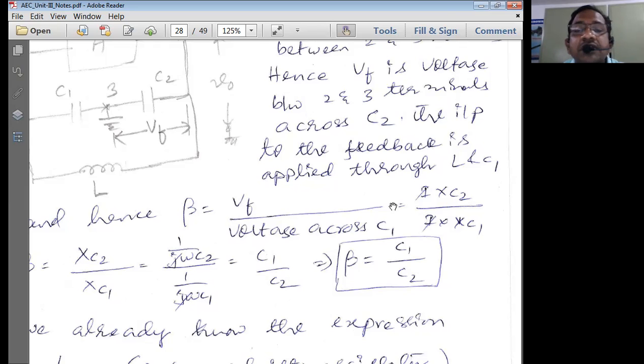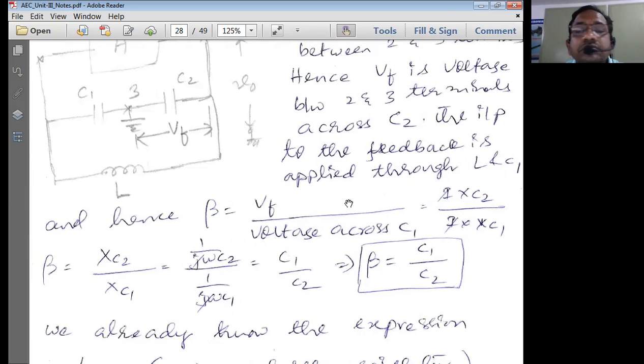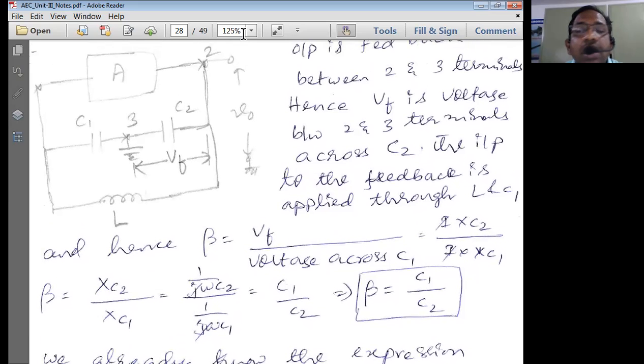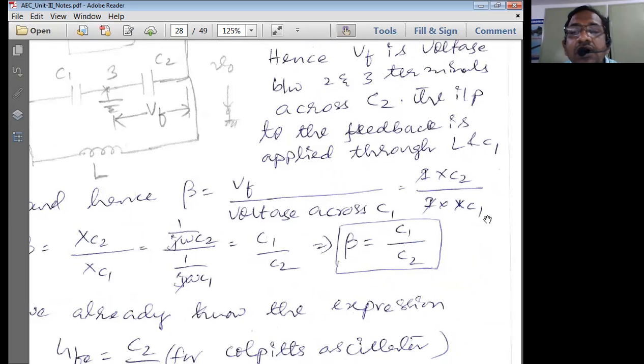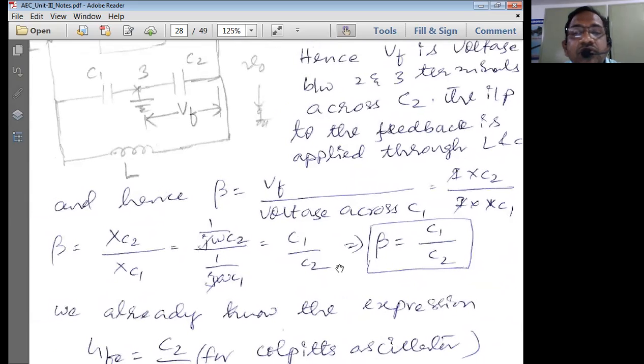Well, VF is the voltage across the output terminals 2 and 3. Across the output we have the capacitor C2. Therefore, the drop is I into its reactance, I into XC2, divided by the voltage across C1, which is the voltage applied to the input, that is I into XC1. So I will get cancelled.